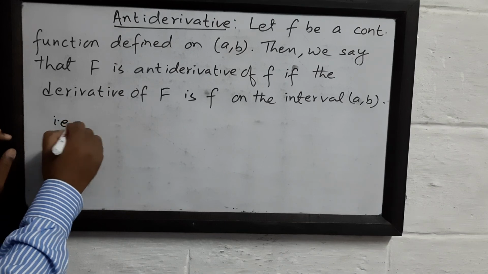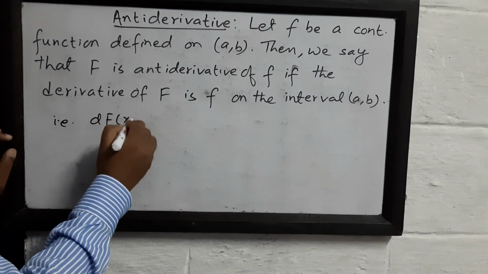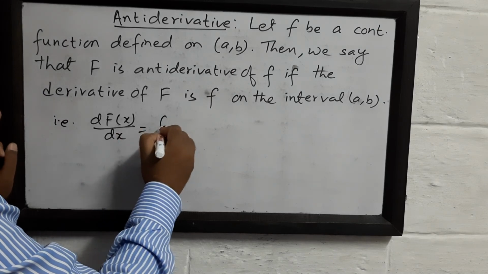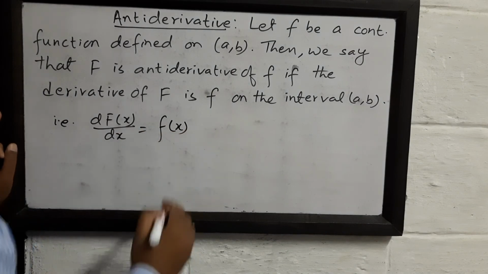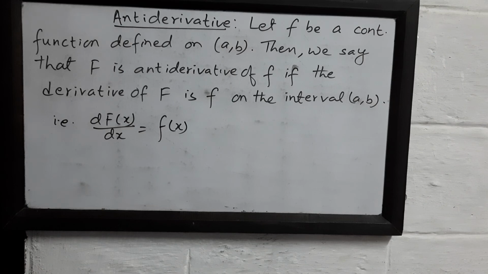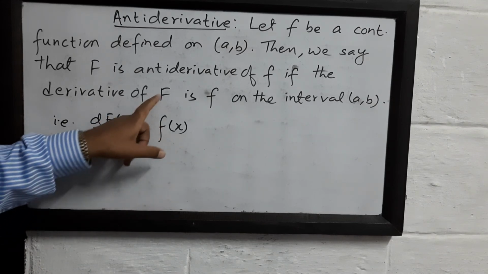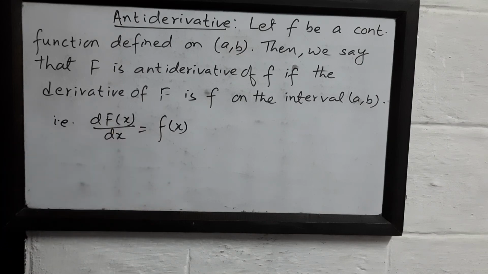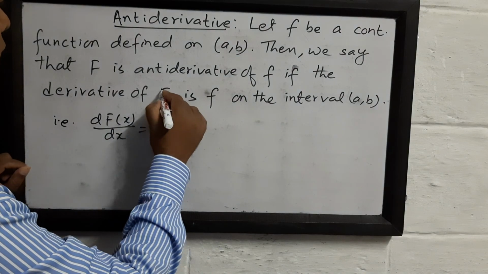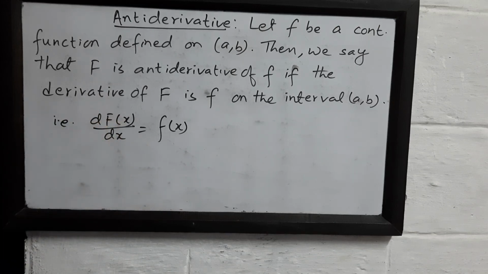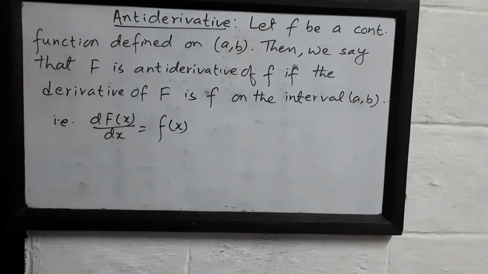That is, dF(x) over dx equals f(x). Here the derivative of capital F(x) is small f(x), then we say that the antiderivative of f(x) is capital F(x), and antiderivative is also called integration.